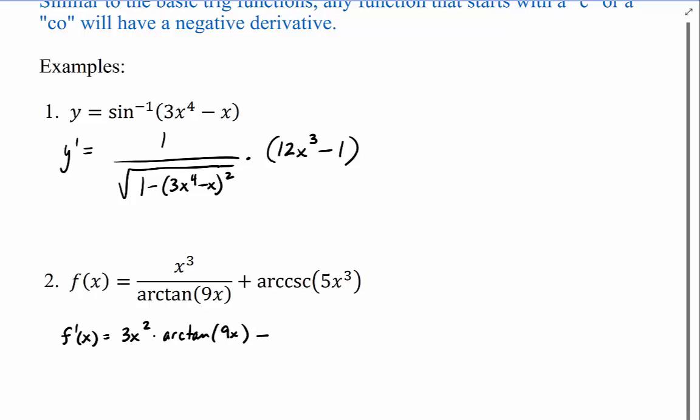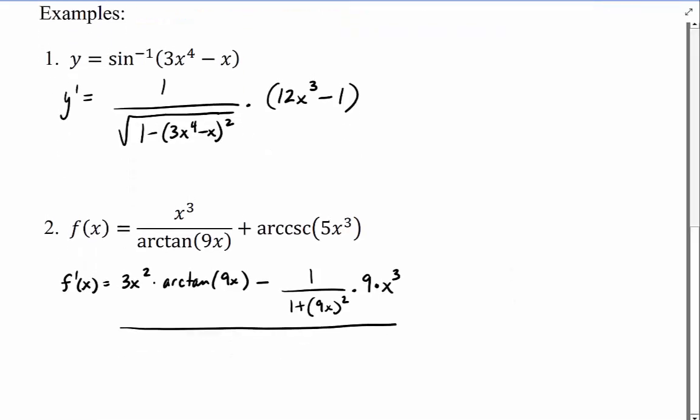Then I'm going to take the derivative of the denominator. The derivative of arctan is 1 over 1 plus that something squared. Then I'm going to take the derivative of the inside. The derivative of 9x is 9. And then that gets multiplied by the numerator as is. And then that term is all divided by my denominator squared.